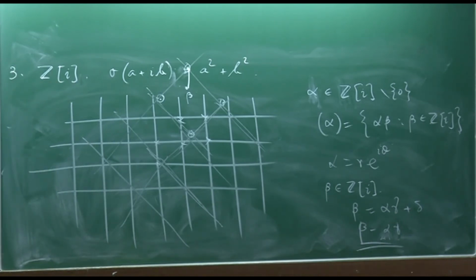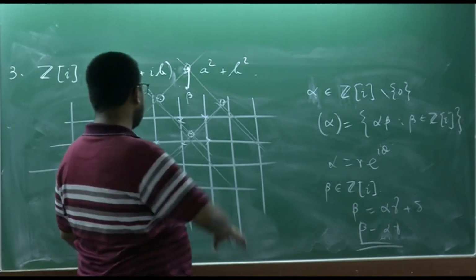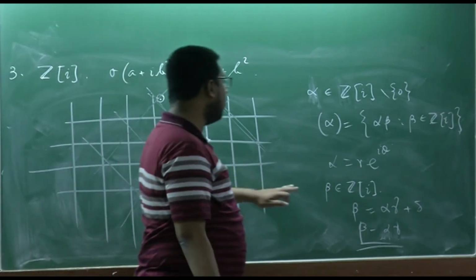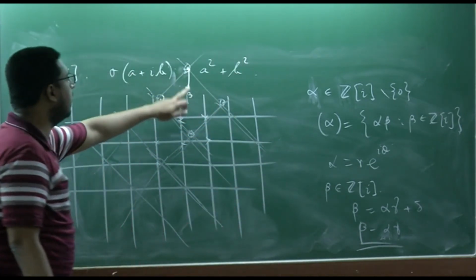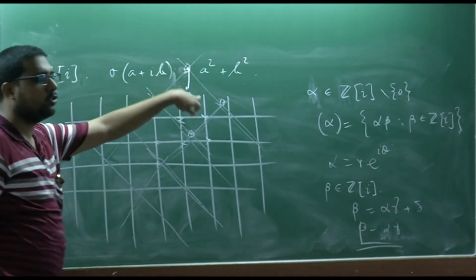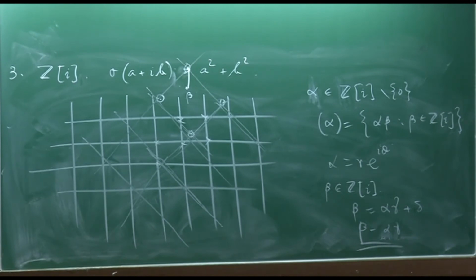This is just a geometrical visualization that tells you why the division algorithm is true here. There is a point in the lattice generated by alpha which is the closest one to this beta.